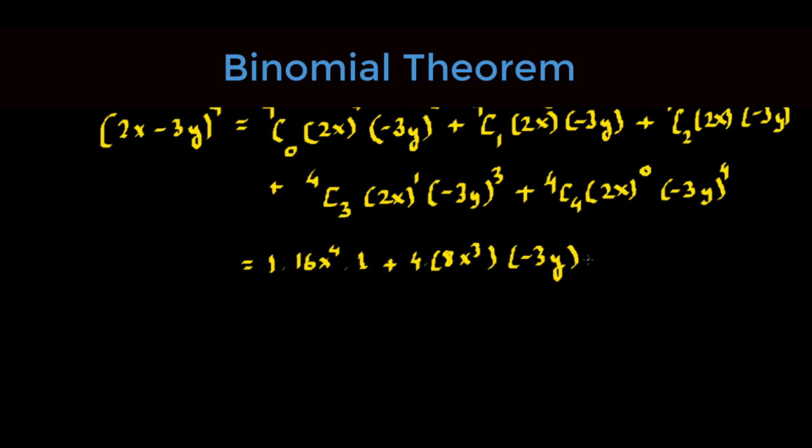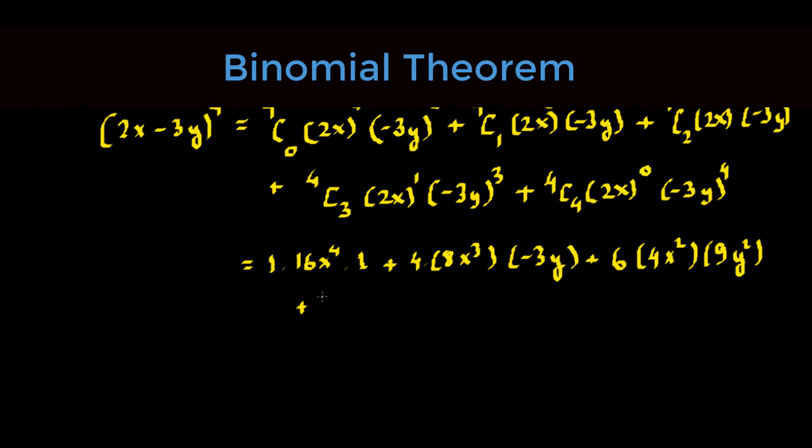plus 4c2. So what is 4c2? 6. Is it? Yeah, it is 6. Then 2x squared will give us 4x squared. Negative 3y squared is simply going to give us positive 9y squared. 4c3. So what is 4c3?